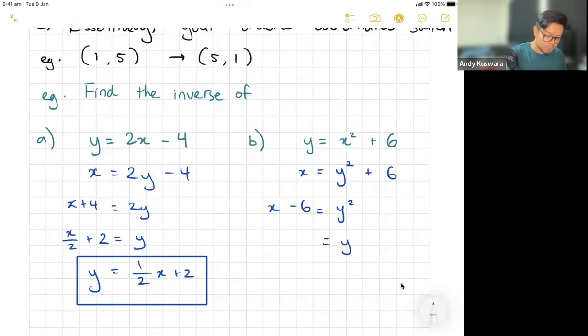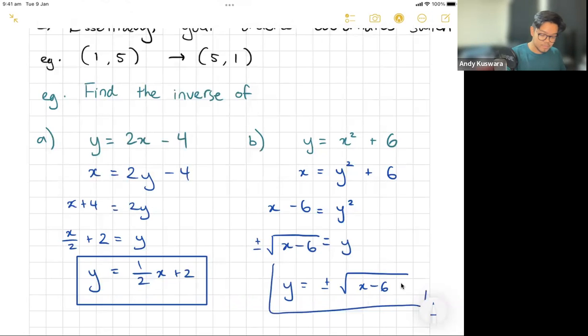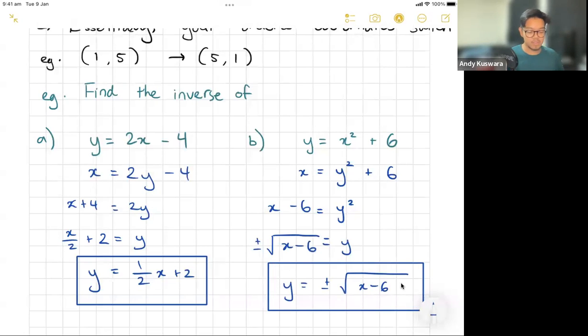And then y would become the square root, or in this case, plus minus the square root of x minus 6. All right, and then I guess to rearrange, I'll do the same thing. I like my y's on the left-hand side. A little bit pedantic about that, but that's fine. And that there would be my inverse of y equals x squared plus 6. Hopefully that's easy. Just a little bit of swapping the x's and y's and a little bit of rearranging to make y the subject. That's it.